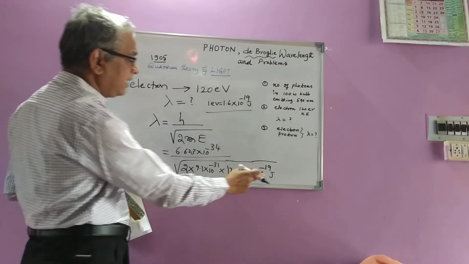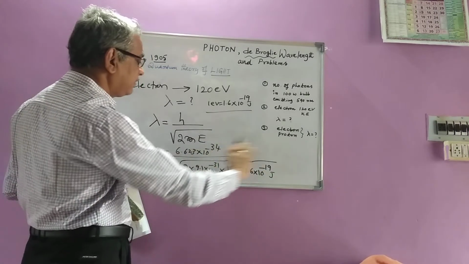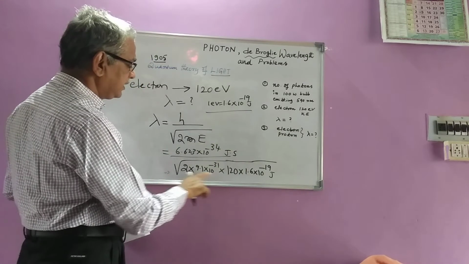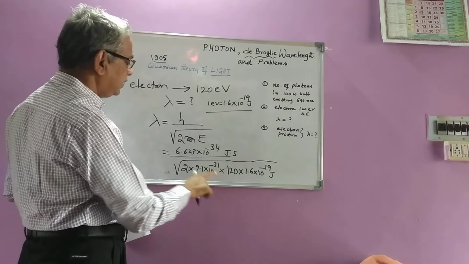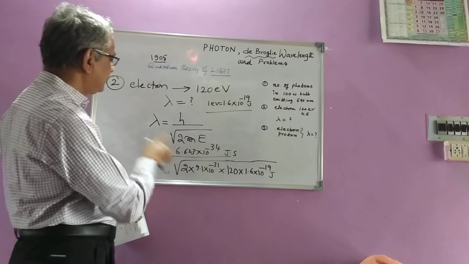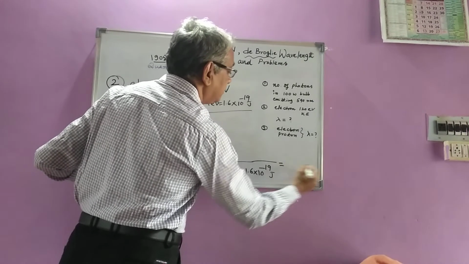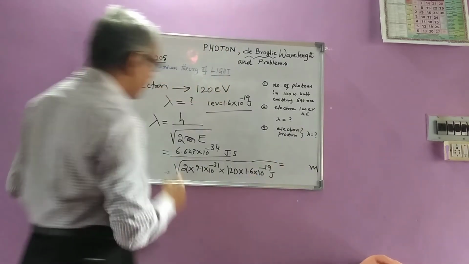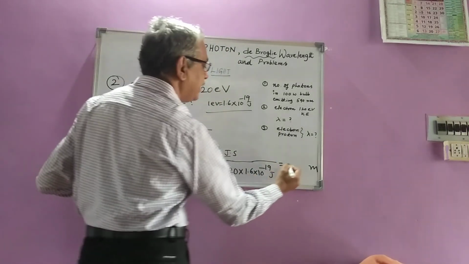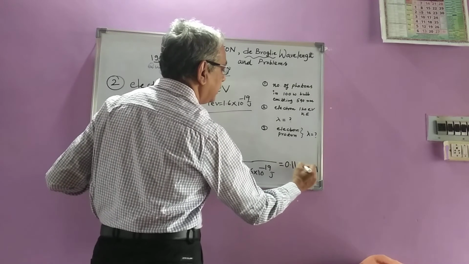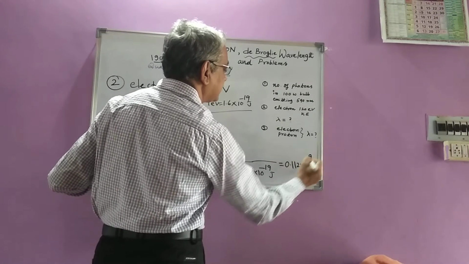So why am I doing this in joules? Because whatever value you get, this is in joule second, this is in kg, right? So the final answer you will get in the SI system. In the SI system lambda will be in meters. This quantity whatever you get will be in meters. And if you simplify this, you are going to get 0.112 into 10 to the power of minus 9.